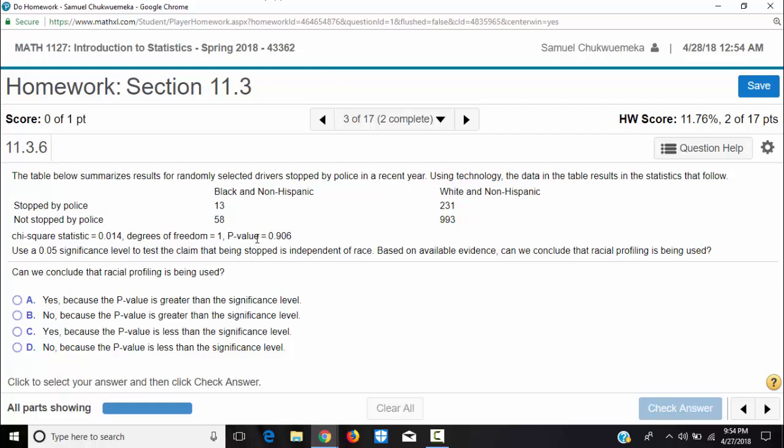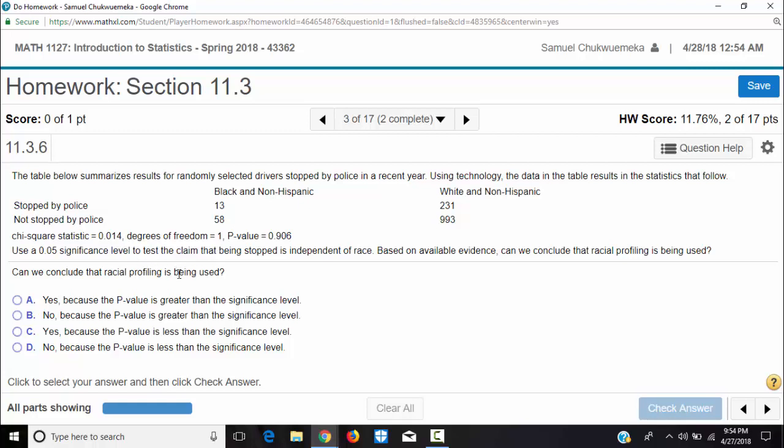So we look at the p-value. The p-value is 0.906. That's really high. And the level of significance is 5%. So the p-value is greater than 5%. When the p-value is greater than the level of significance, you do not reject the null. You fail to reject the null.